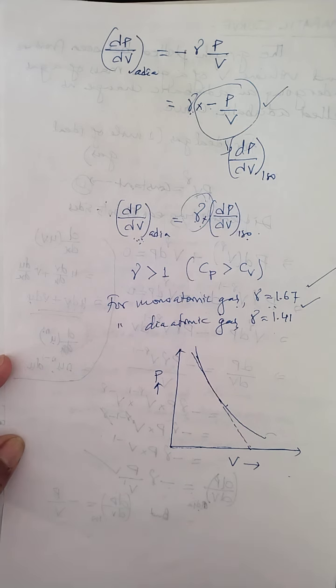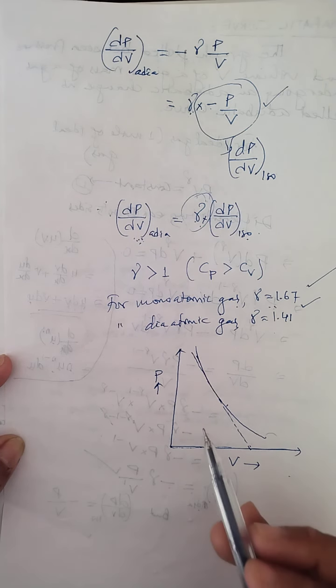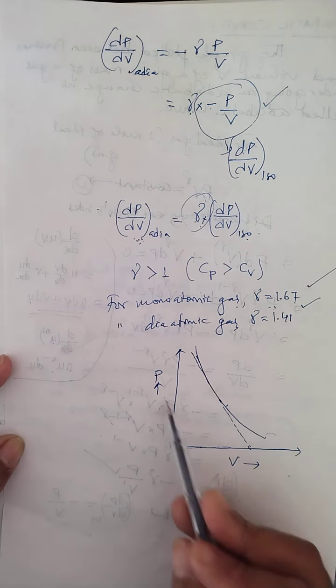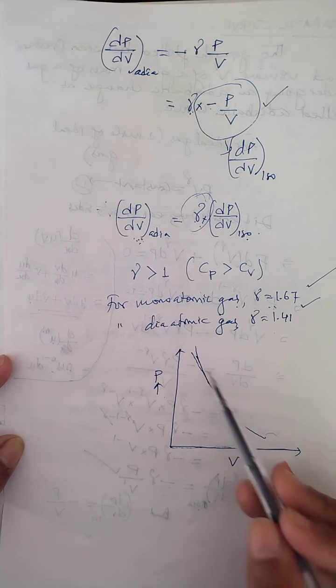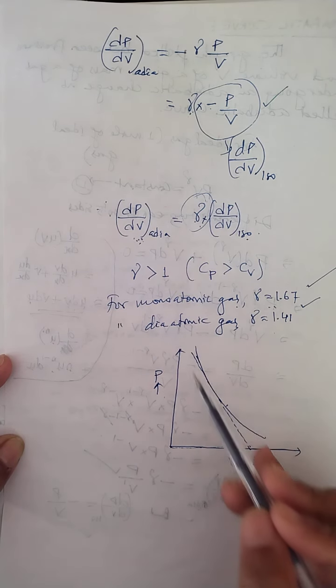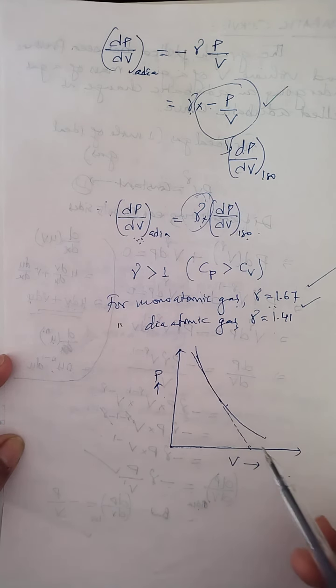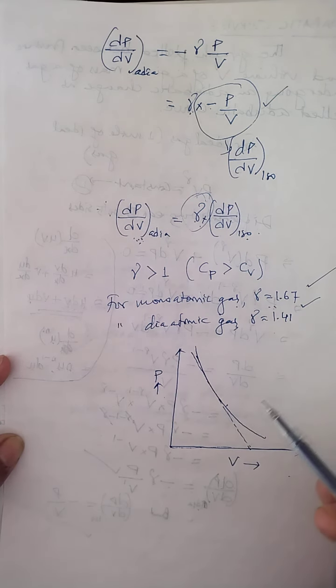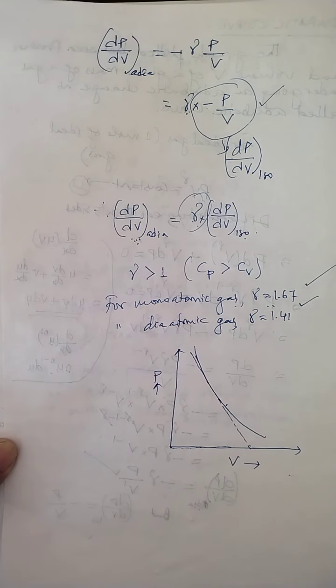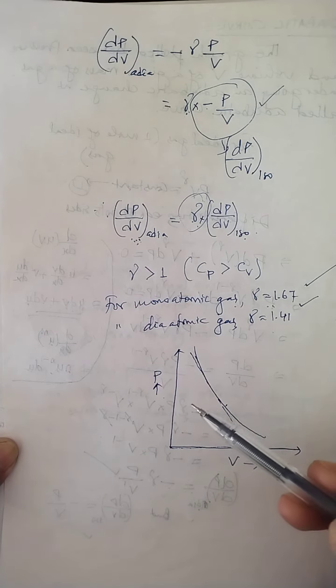Just to tell you, when I compare the adiabatic curve with the isothermal curve, both have a non-linear graph, but the adiabatic curve will be more steeper than the isothermal curve. Now the question arises: how can you say that the curve is more steeper than the isothermal curve?